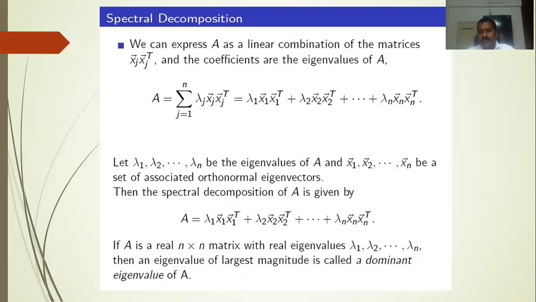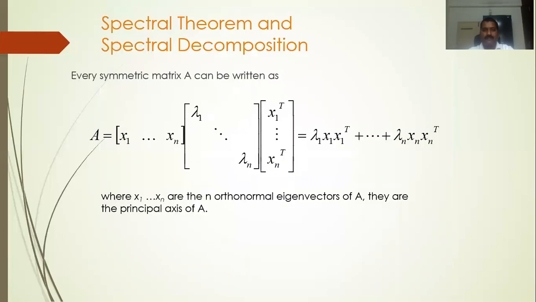If we put these lambdas in order, then the eigenvalue of largest magnitude we call the dominating eigenvalue of A. So the spectral theorem, or spectral decomposition, says that if A is a symmetric matrix, A can always be written as P D P transpose, where P is constructed with the orthonormal eigenvectors of A, and later we call them the principal axes.